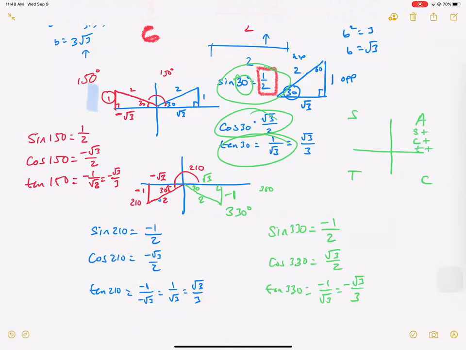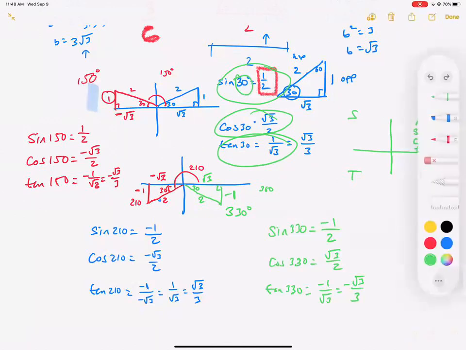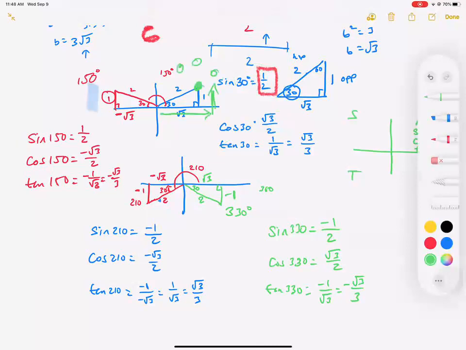Now, besides just memorizing it, can I show you guys a practical way of seeing it? In quadrant 1, don't your x values and your y values both go in a positive direction? Right? If I take any point here, all points in quadrant 1 have a positive x and y value. So both sine and cosine are going to be positive.